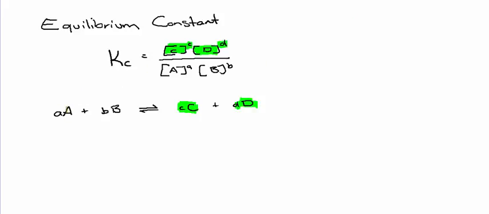And that's divided by the concentration of reactant A to the power of its coefficient in the equation times the concentration of reactant B to the power of its coefficient in the equation.